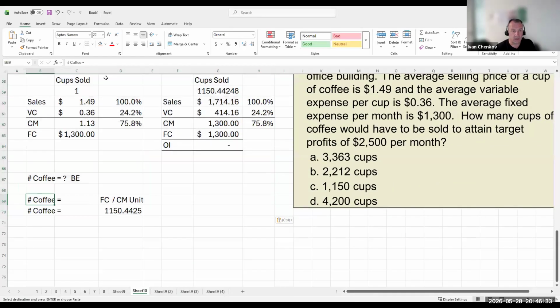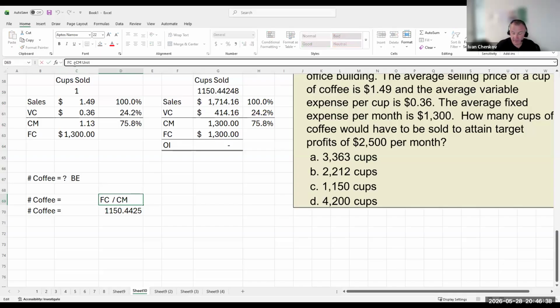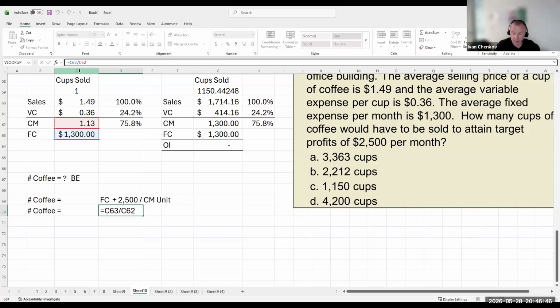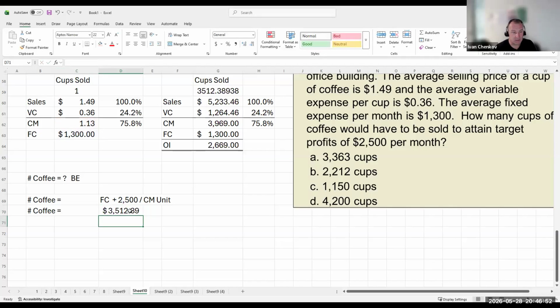So what I have to do is add the profit that I want to my fixed cost plus $2,500. And when I run the calculation, I'm going to get the number of coffees that I need to sell.